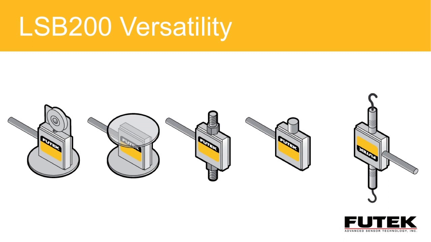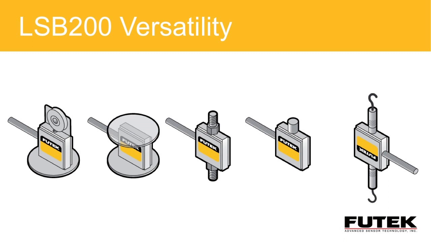But again, because of its universal design and ease of adaptation, it is a very versatile product for the user. Because of its easy adaptability, the LSB200 integrates easily into your system and does so in a very cost-effective manner.